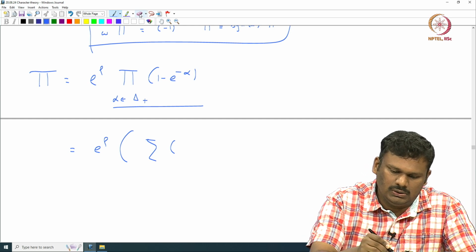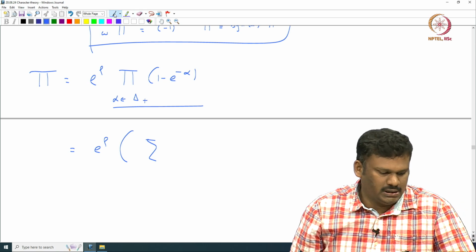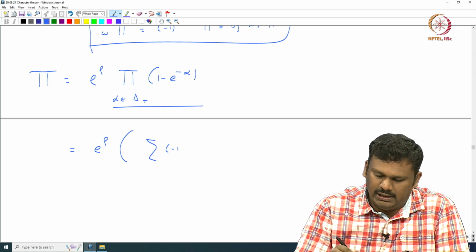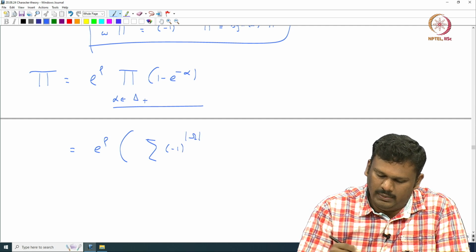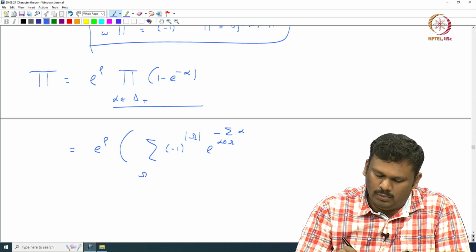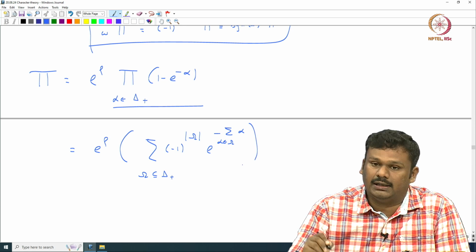Okay. So, maybe let me write it here. So, this is exactly equal to e power rho times minus 1 power the cardinality of omega e power minus summation alpha, alpha in omega, where omega runs over all possible subsets of delta plus.